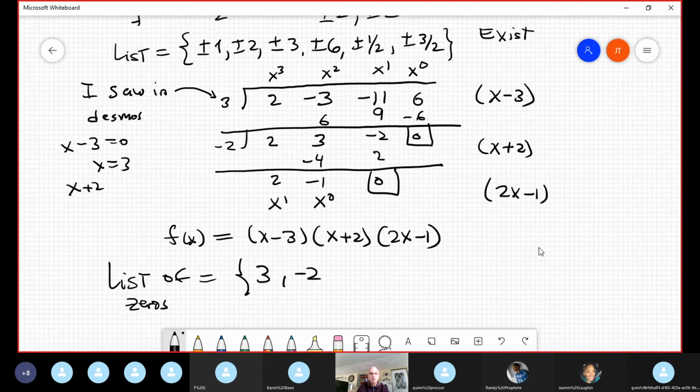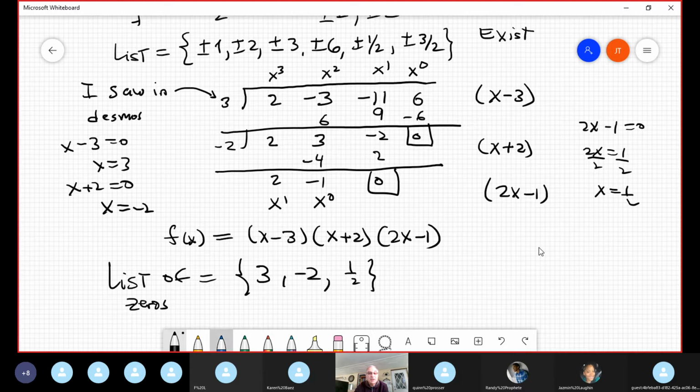When you take x plus 2 equal to 0, x is minus 2. And when you take 2x minus 1 equal to 0, 2x is equal to 1, so x is equal to 1 half, positive. Exactly. You predict a little bit, and the rational zeros: 3, negative 2, and positive 1 half.